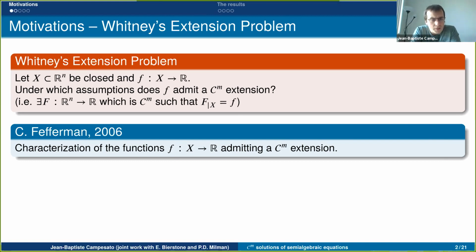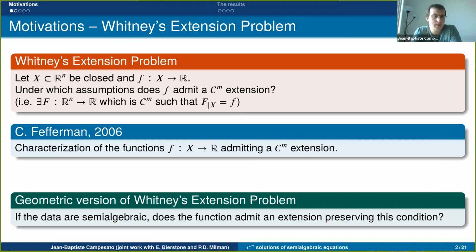I won't explain this characterization because it is out of the scope of this talk, but instead, I'm going to be interested in a geometric version of this Whitney's extension problem. So I'm going to assume that the data satisfy some additional geometric properties. Namely, I'm going to assume that X is a semialgebraic closed subset of R^n and that f is semialgebraic.